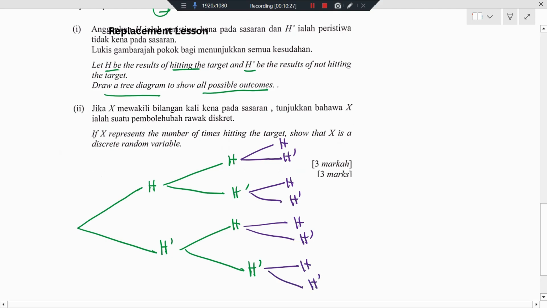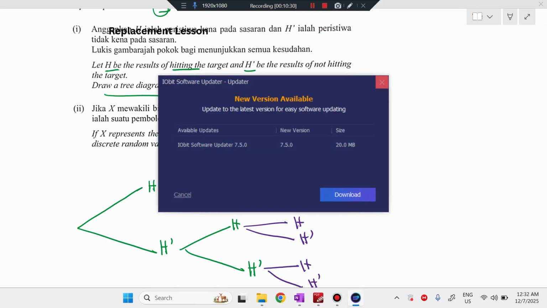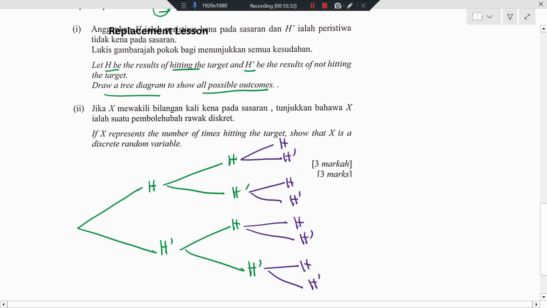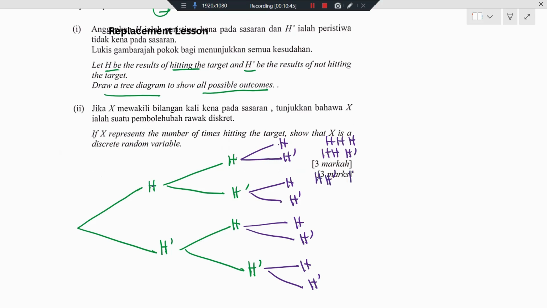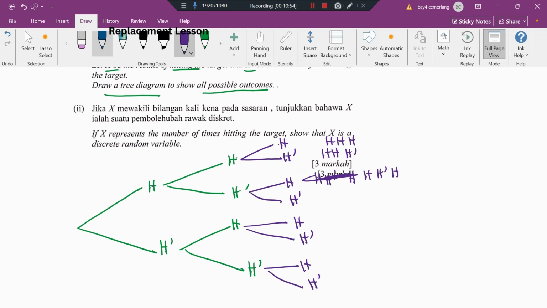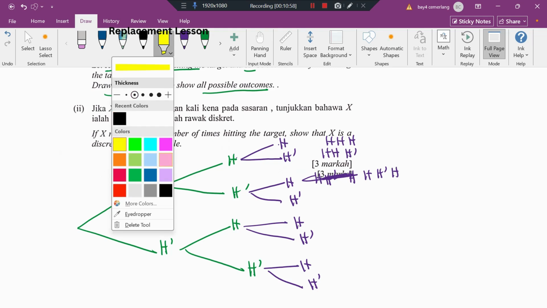So after that, we need to write our outcomes, right? So this one is H, H, H. And this is H, H, H prime. And then this one is H, H prime, H. Sorry, H, H prime, H. I'm very sure you all know what I'm talking about, right? We're talking about this part, the branch.